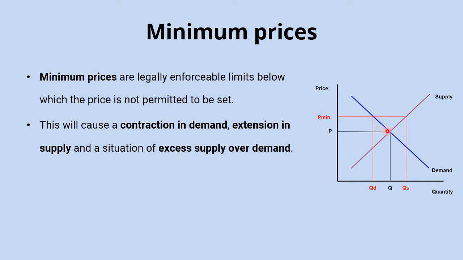So you can see on the diagram, the quantity demanded has contracted from Q to QD here, and the quantity supplied has extended along the supply curve here from Q to QS here. And the result of that is that you get a situation of excess supply over demand. So the market is no longer at its equilibrium point.